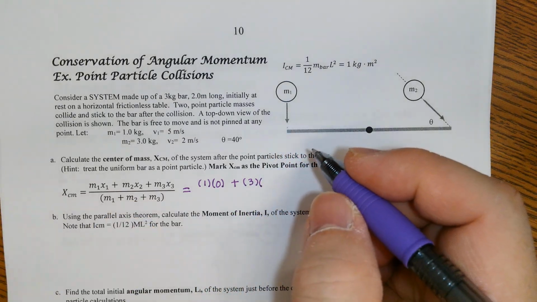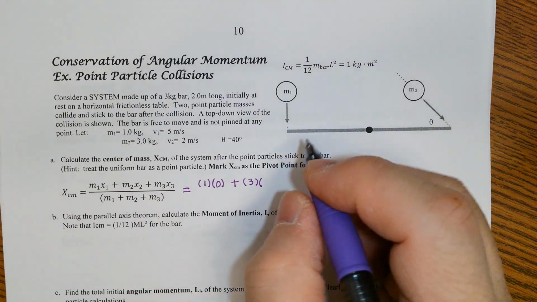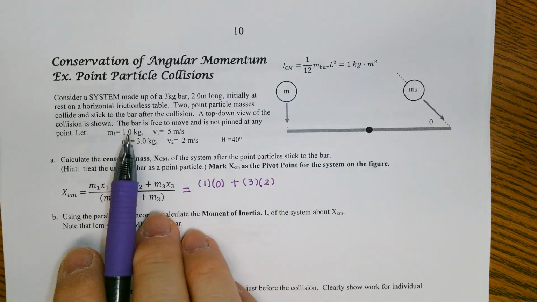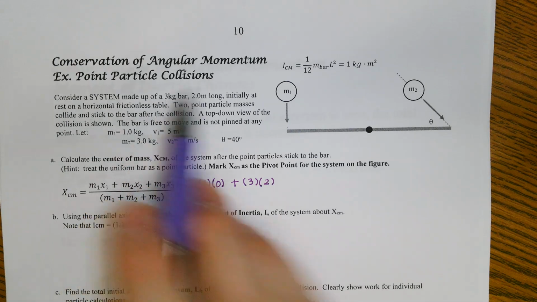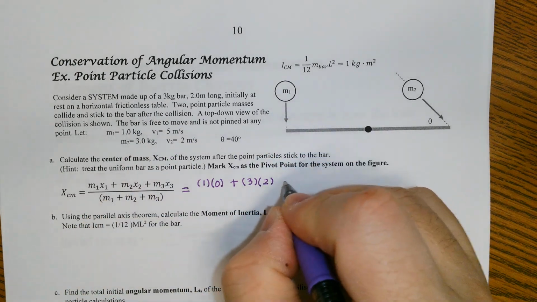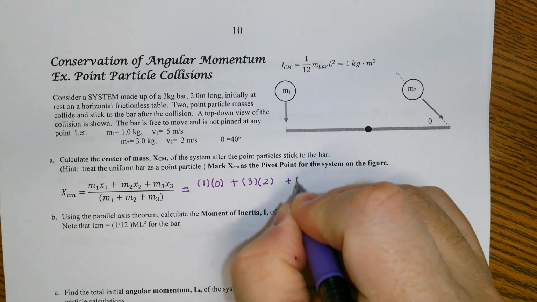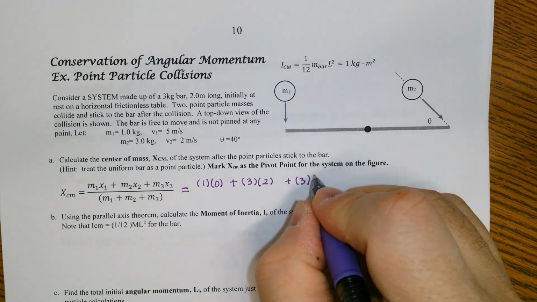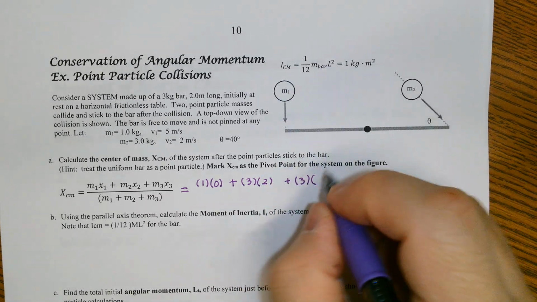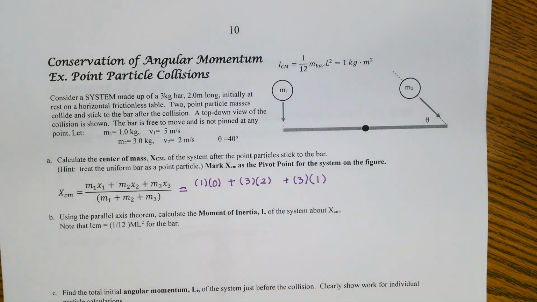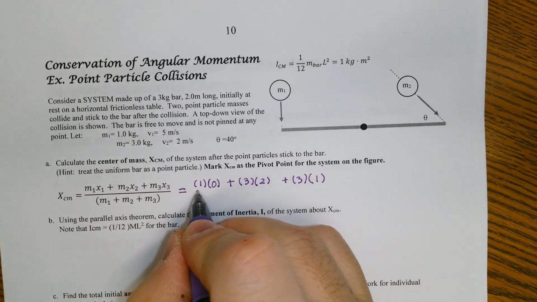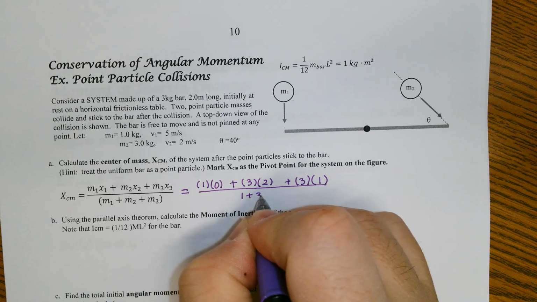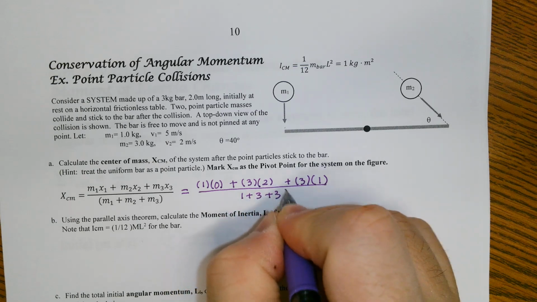The bar itself is 3 kilograms, and the location of the bar is the halfway point of the 2 meter bar, so it's just 1. Whole thing divided by 1 plus 3 plus 3.